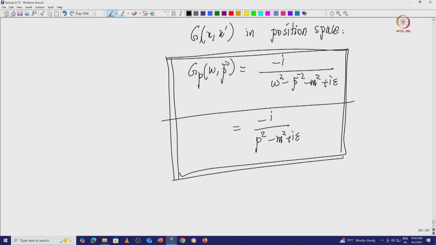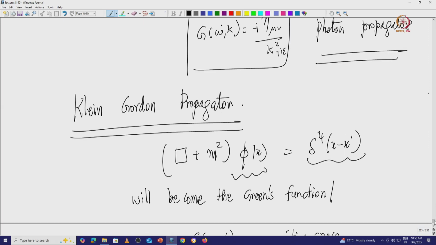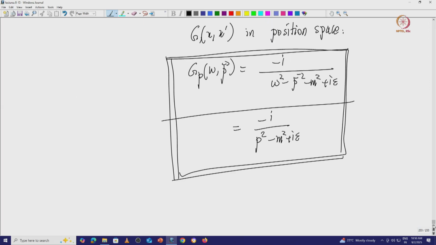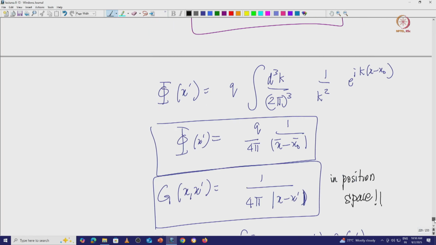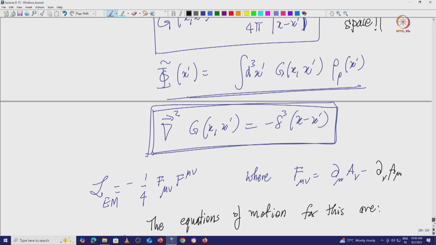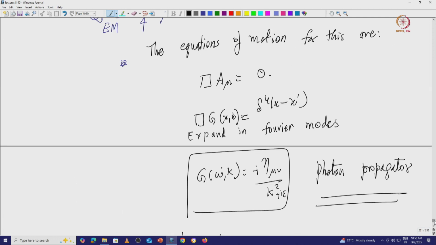Only difference is that, in the case of the electromagnetic case, the k in the previous case was k bar square, this is k square. In the electromagnetic case, this is k mu k square.